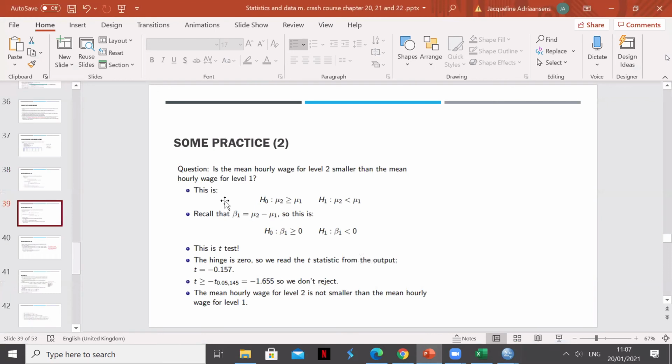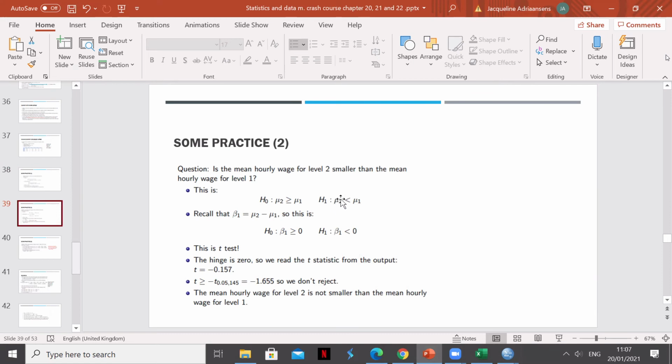So now we know that, we can answer the question, is the mean hourly wage for level 2 smaller than the mean hourly wage for level 1? So what are we going to test? We in fact test if mu2 is smaller than mu1, versus the null hypothesis, which is the other way around, mu2 is bigger than or equal to mu1. Because what is mu2?